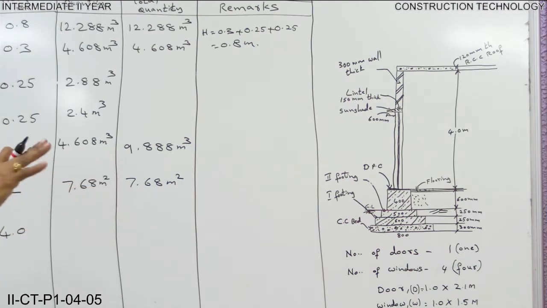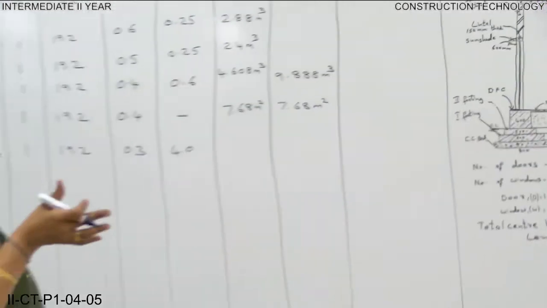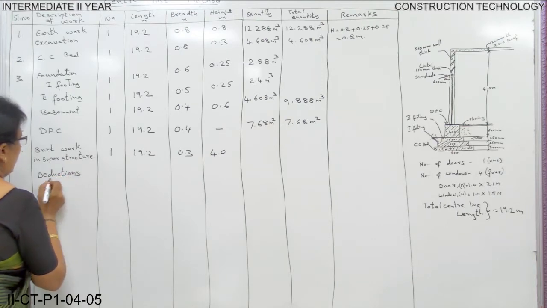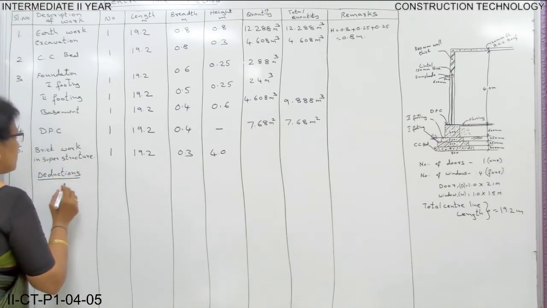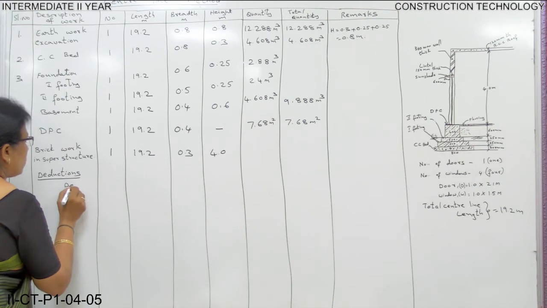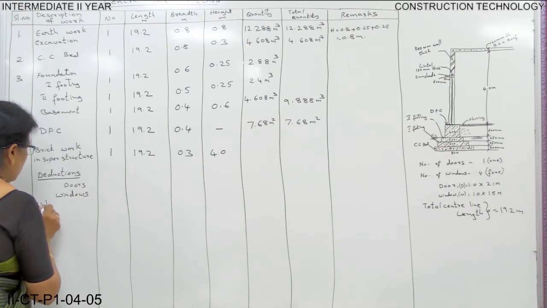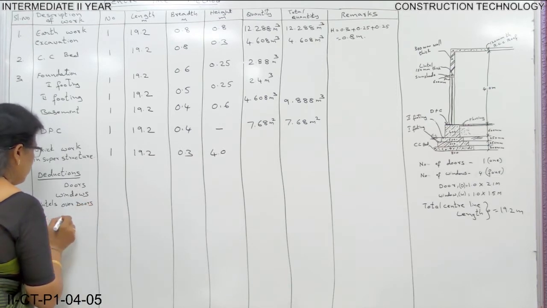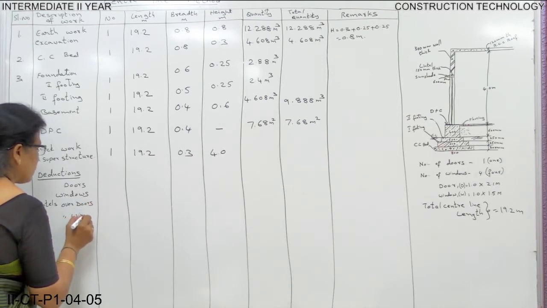Now, we have taken the total volume, we have to do the deductions for doors and windows. So, deductions. We need to do deductions for doors, windows, lintels over doors, and lintels over windows.